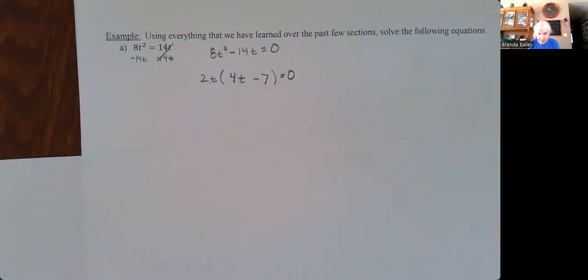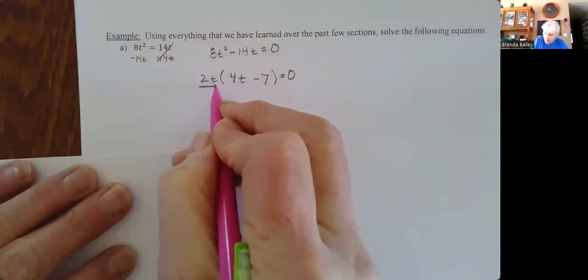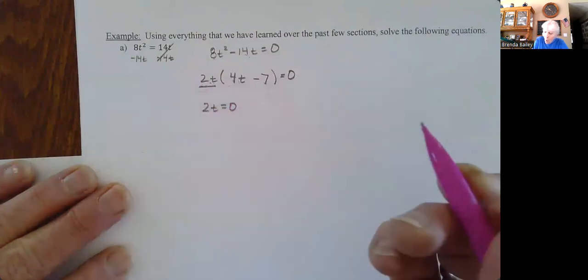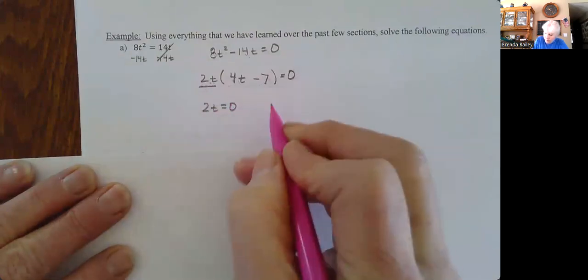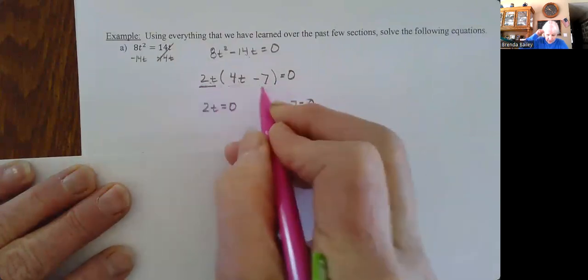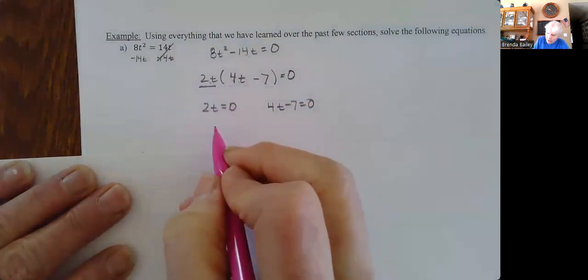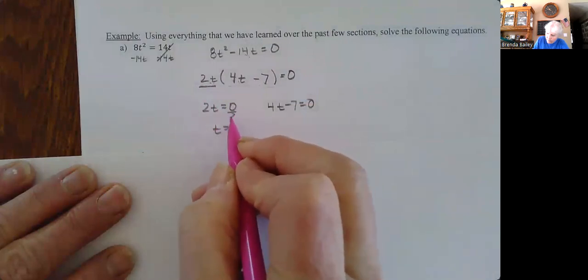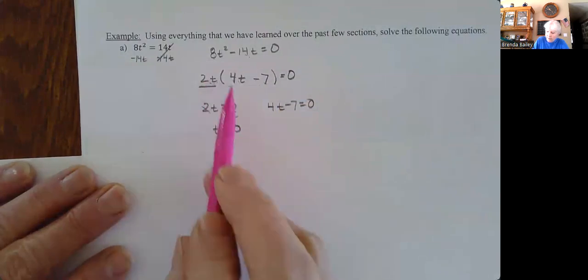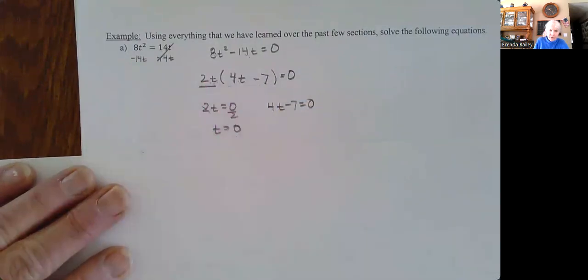Can't break it down anymore, which means either this will be 0, I use the 2 equals 0, or this will be 0. One of these numbers needs to be 0. Divide by 2, 0. So when you've got that variable out there, you'll always have 0 as one of your solutions.